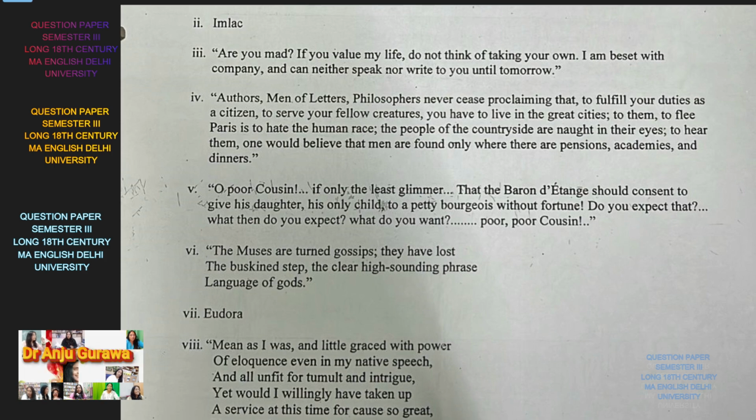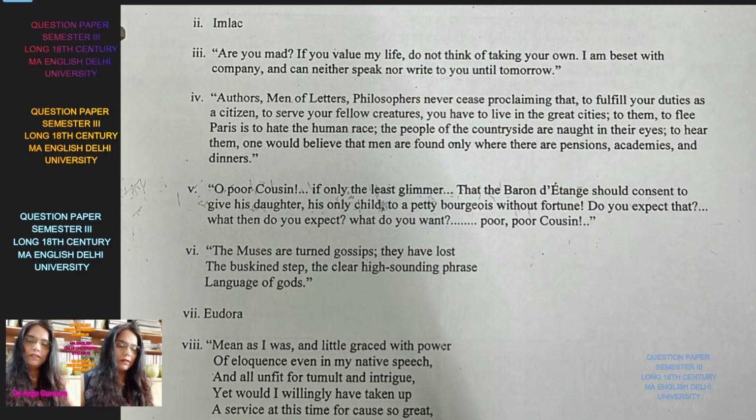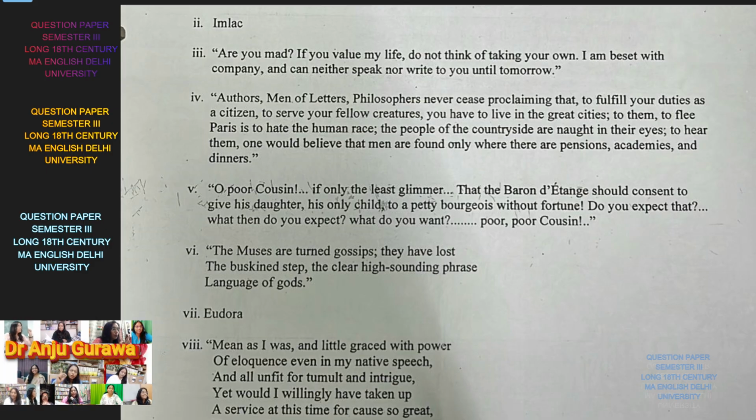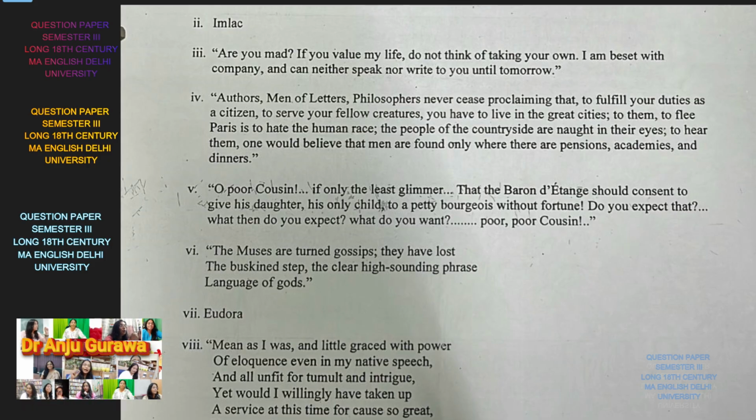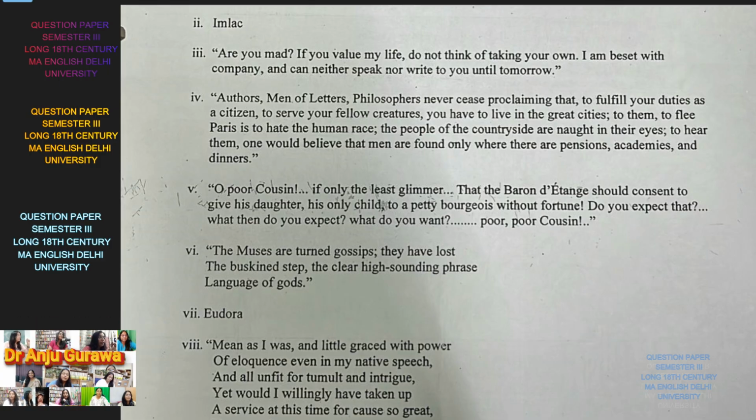Oh, poor cousin, if only the least glimmer that the baron should consent to give his daughter, his only child, to a pretty bourgeoise without fortune. What do you expect? What do you want, poor cousin? The muses are tuned, gossip they have lost.